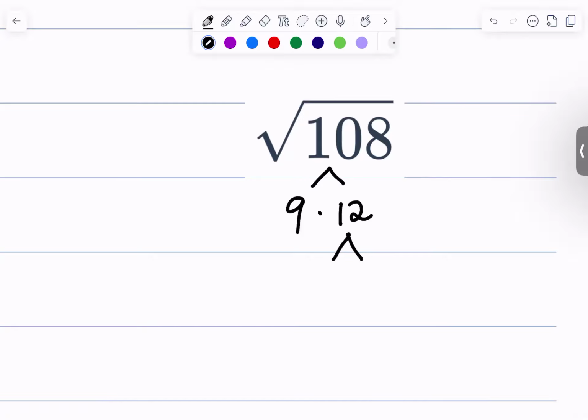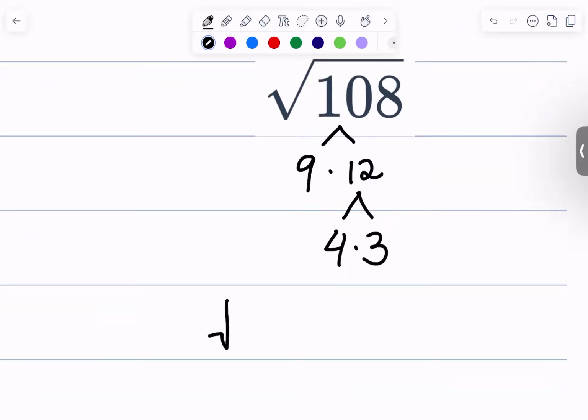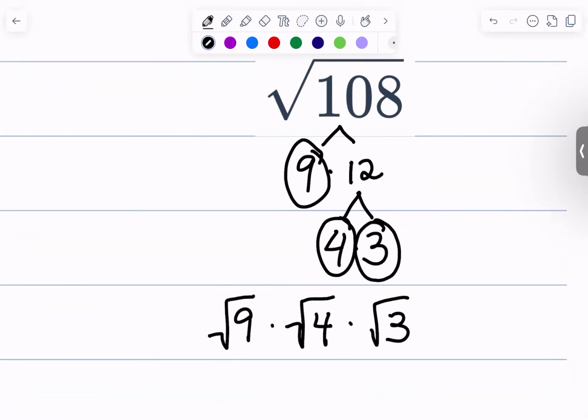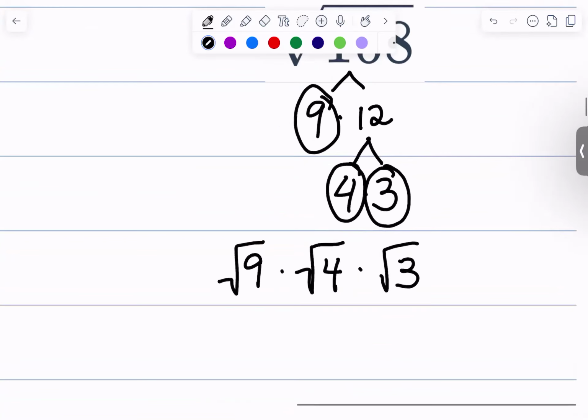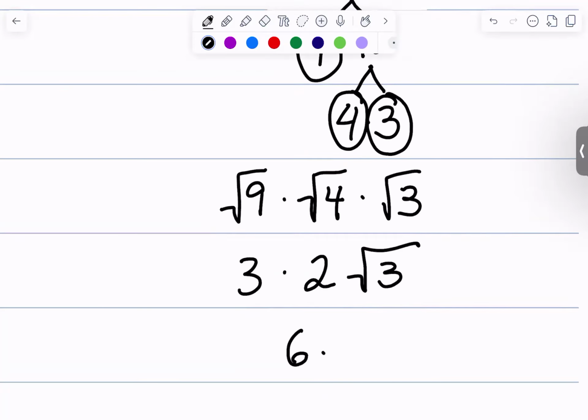What perfect square goes into 12? 4 times 3. So we have the square root of 9 times the square root of 4 times the square root of 3. Correct? 9 times 4 times 3. So the square root of 9 is 3. Square root of 4 is 2. Square root of 3. 3 times 2 is 6. So this would be 6 square root of 3. Okay?